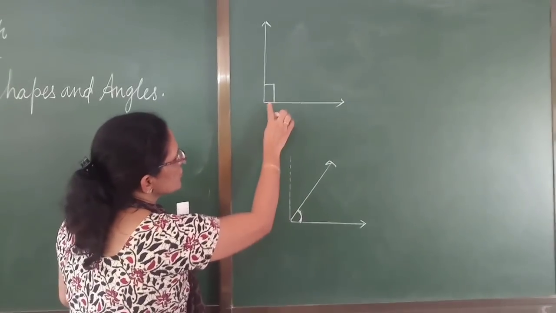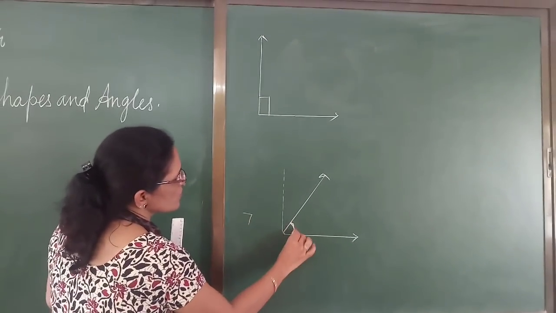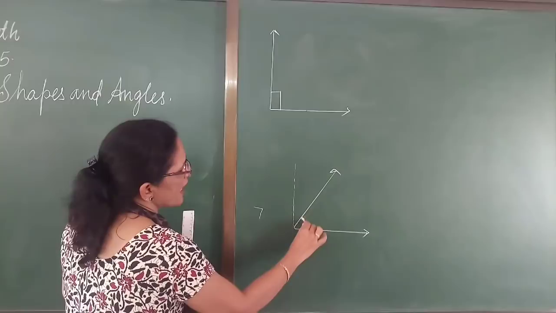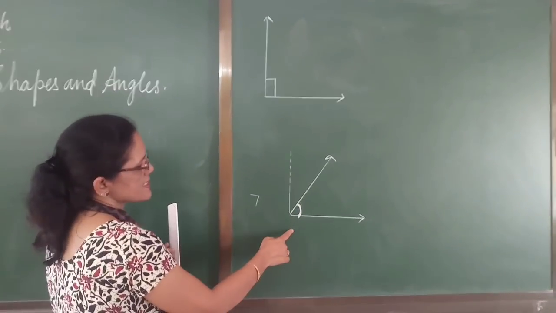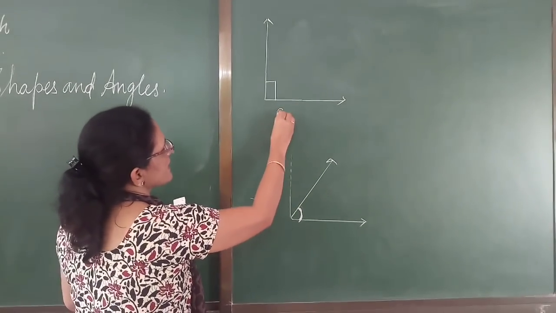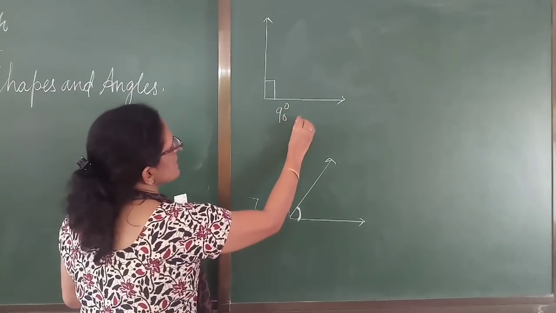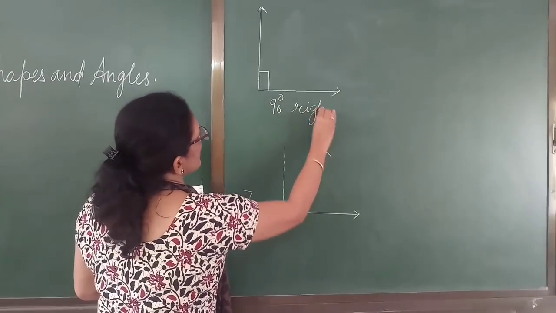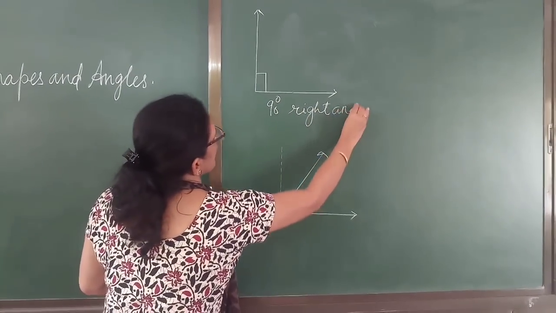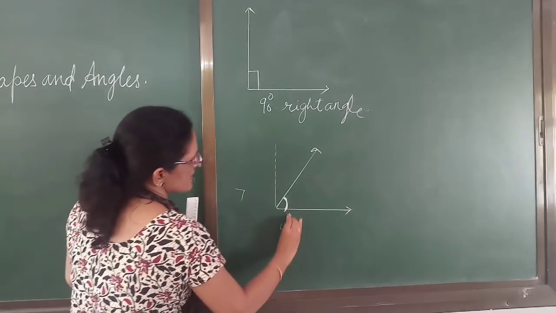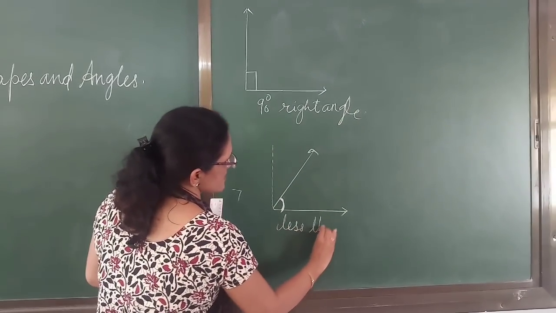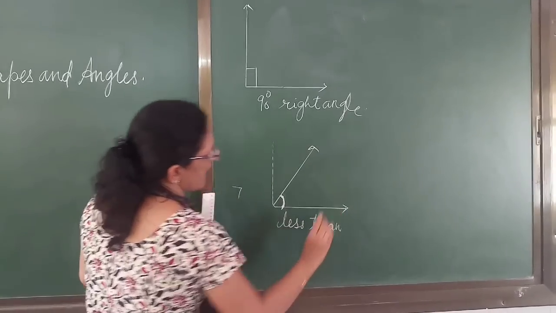For this we are not going to use this shape. We are going to do a half circle to show the angle here. Now this is exactly 90 degrees, which is a right angle. Yes, it is a right angle. And this is less than a right angle.